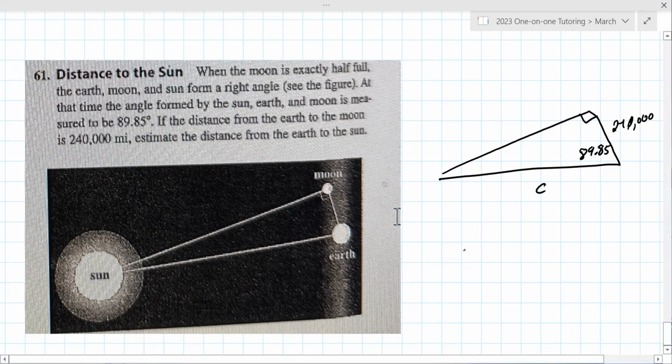I don't know if I plugged this in right. Is it 89.85? Okay, so your answer is correct. You're just not reading off the E part. So it is 91.7, but it's times 10 to the what power?